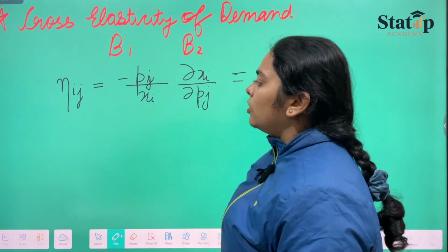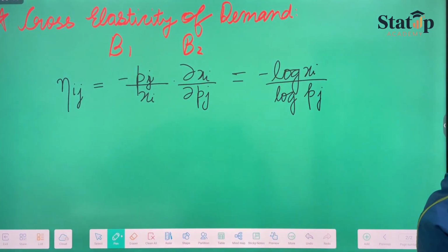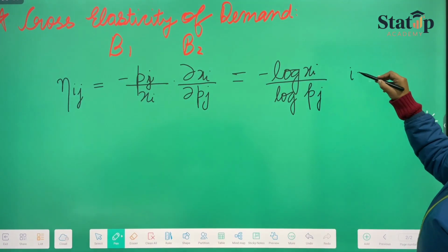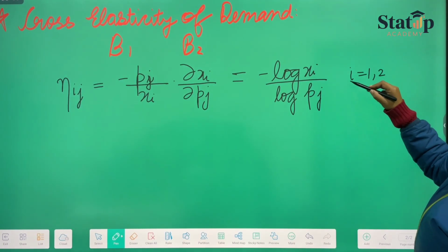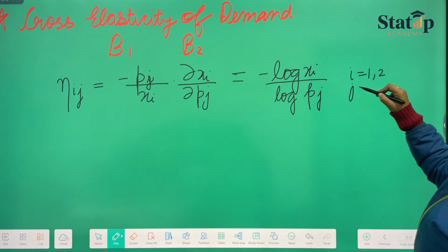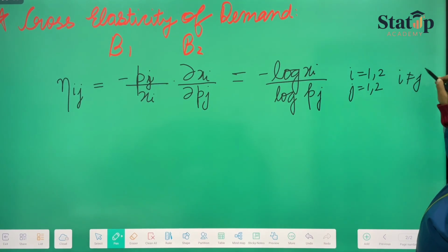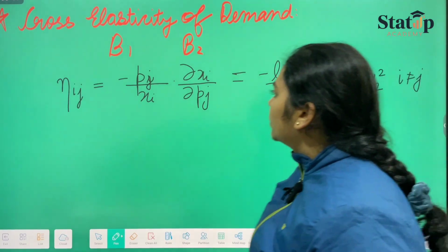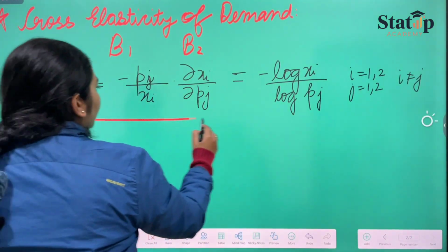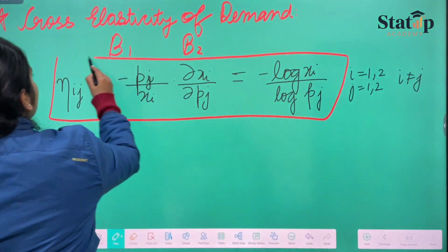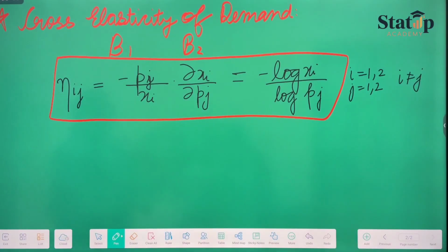This is the formula for eta ij, the cross elasticity of demand of two commodities i and j, where i can take values 1 or 2, j can also take values 1 or 2, but i is not equal to j. This is the general formula for cross elasticity of demand.